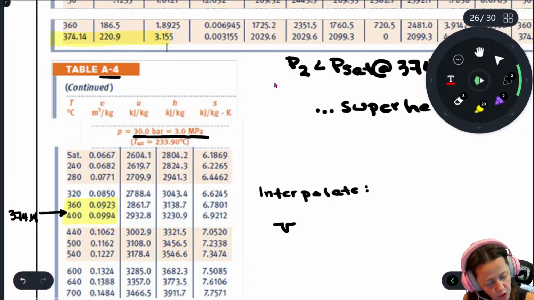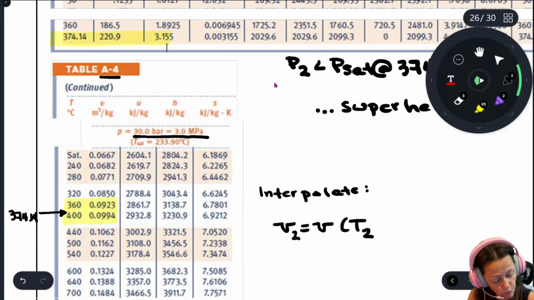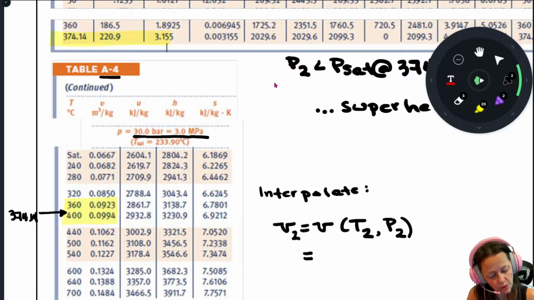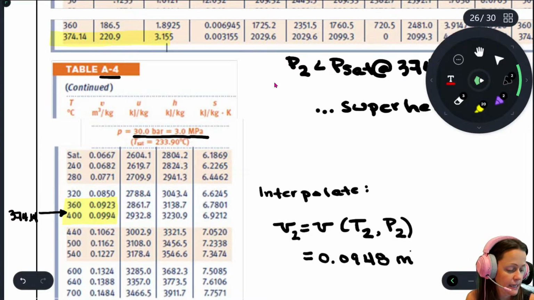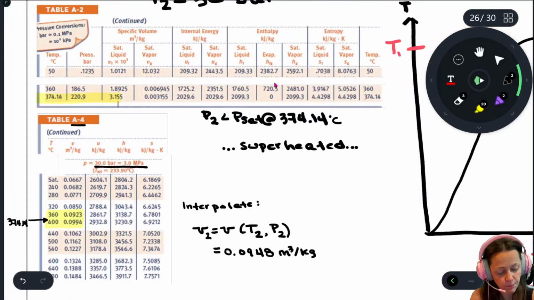So my V2, which is the specific volume at T2, 374.14 degrees Celsius, and P2, which is 30 bar, ends up being, so it should be between 0.0923 and 0.09994, and I end up getting 0.0948 meters cubed per kilogram.